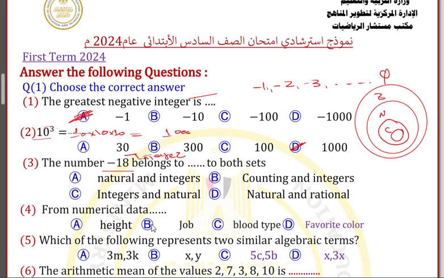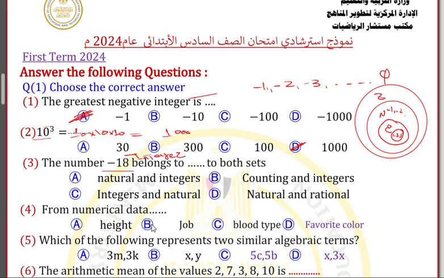Counting numbers start with 1, 2, 3, which has no zero. Natural has 0, so natural has 0, 1, 2, 3, 4 and so on. Z, integers, have negative numbers, -1, -2, -3 and so on, which includes -18.